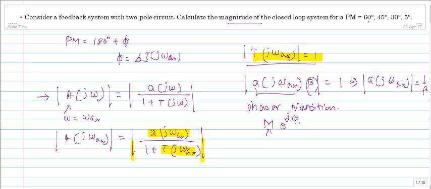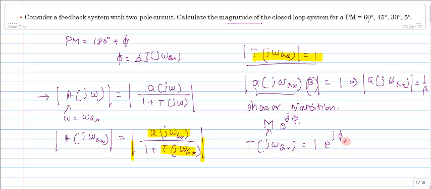So how do we express the loop gain response in phasor notation? We want to express the loop gain at omega equals omega gx. What we know is the magnitude of the loop gain becomes 1 at omega equals omega gx. So I can replace this M with a value of 1, multiplied with e to the power j phi.